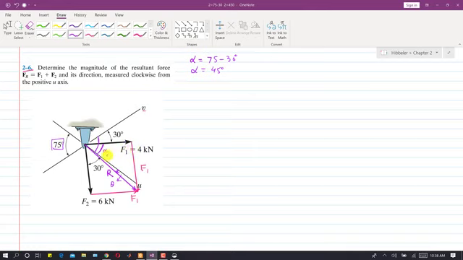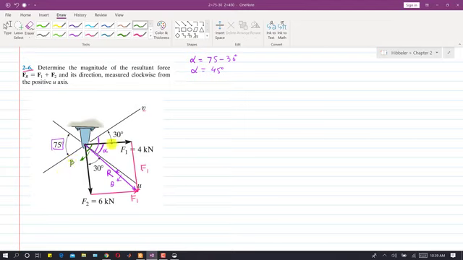Now what is the angle between F1 and F2? If I draw that angle, this green one, this is the angle between F1 and F2, and this will be the summation of this alpha plus this 30 degrees. Let's suppose this green angle is beta.